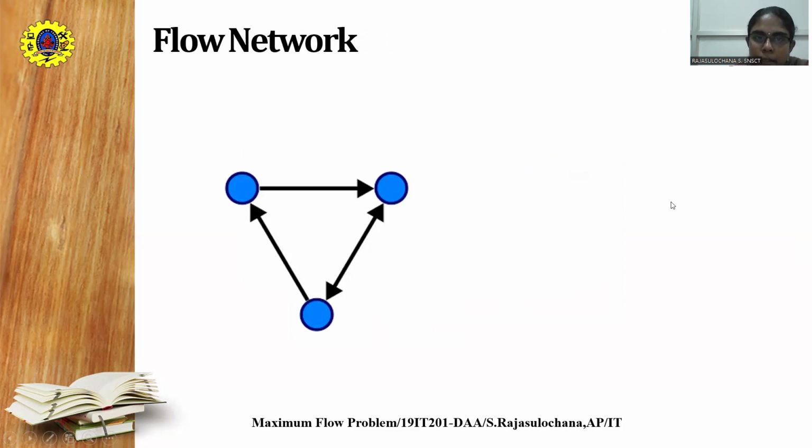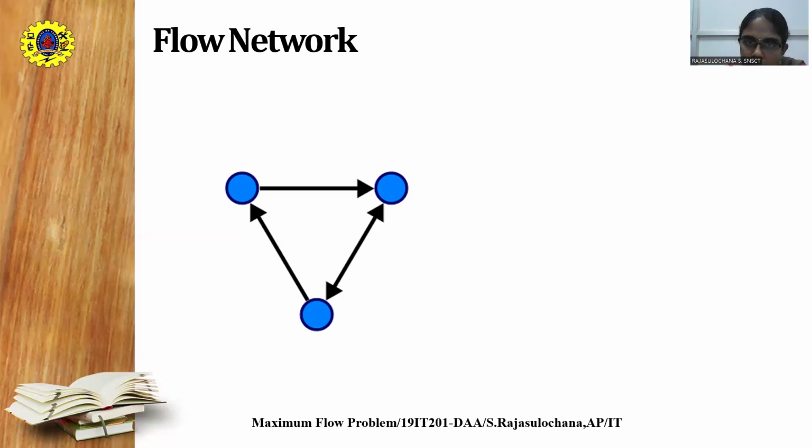So this is a flow network. Here the circle in blue color represents the node and the arrow mark represents the edge. If you see the first circle, the flow starts from there because the arrow mark is pointing in the forward direction. From the first circle, the flow will start and go to the second node.